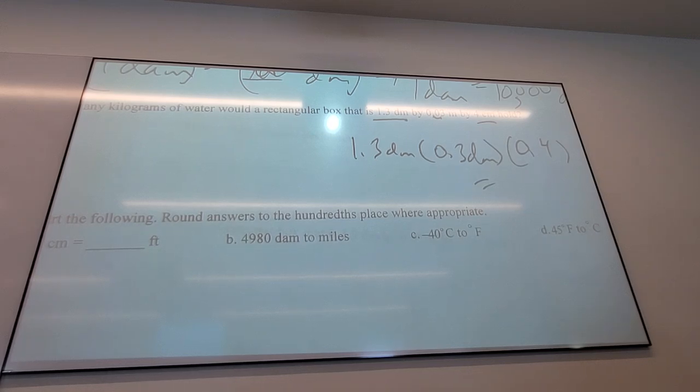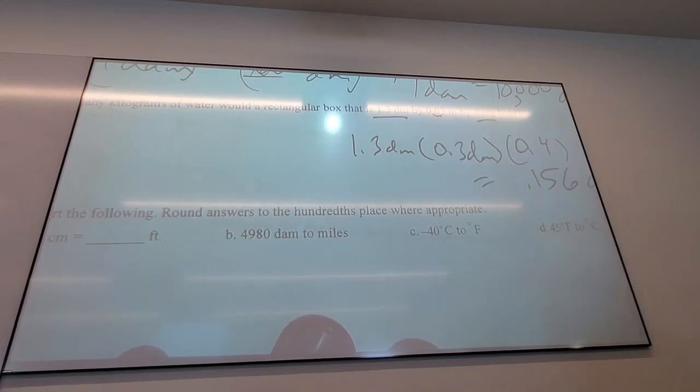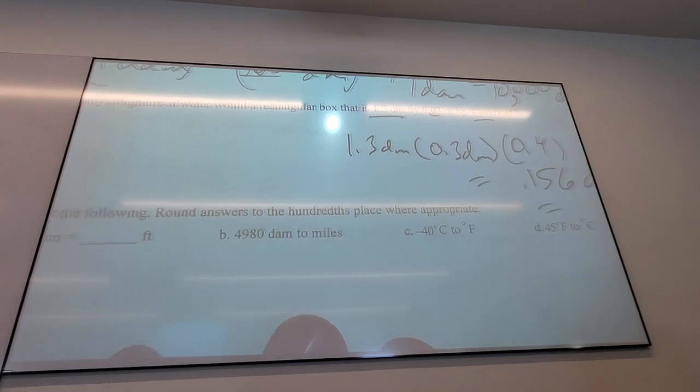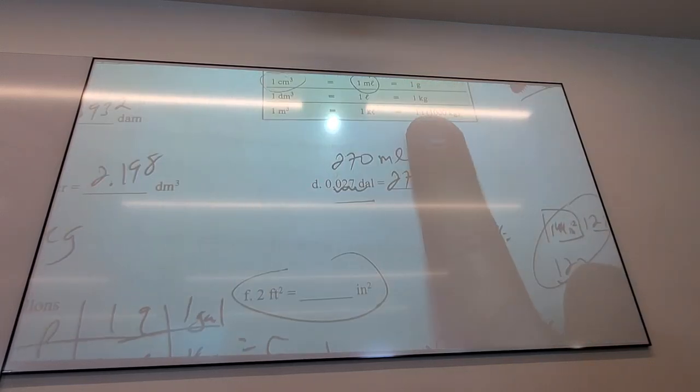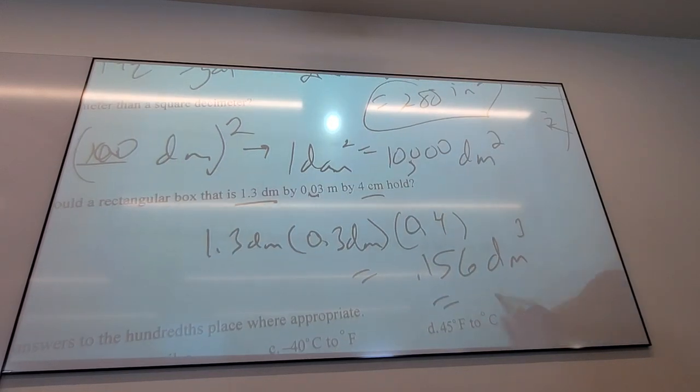Let's see. 0.39, so it's 0.4, I don't know. Somebody save me from myself. Wait, 0.39. Yeah, 0.39 says 0.4, it'd be 0.156 cubic decimeters, which is how many kilograms of water? Exactly that many kilograms of water.